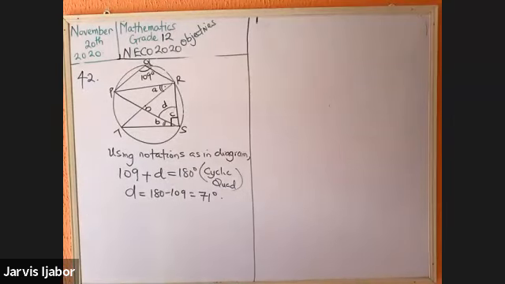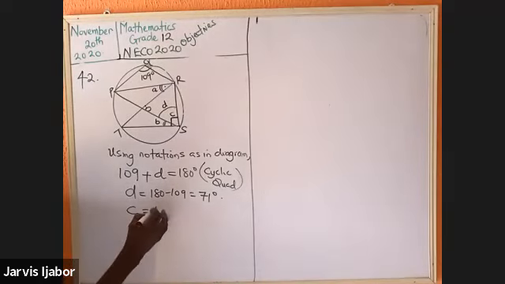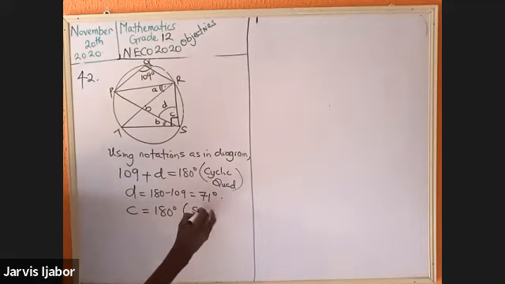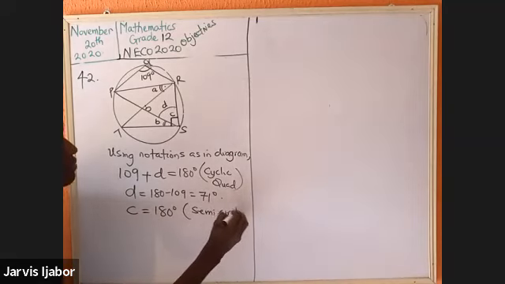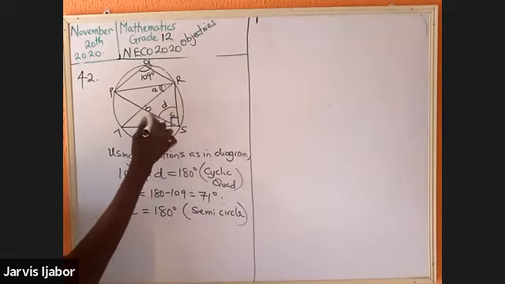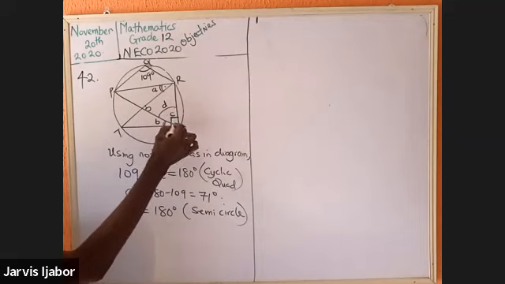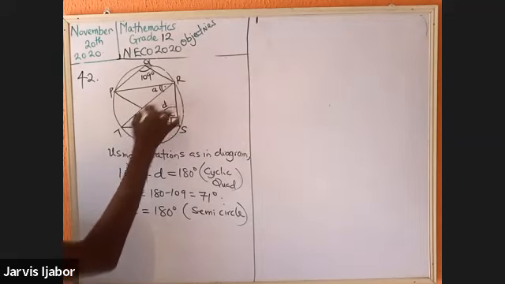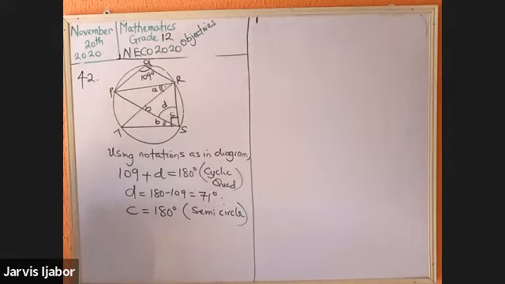You have done that. Now, C is equal to what? Now look at C, it's this angle formed by this diameter here, semicircle. Now, did I say 180? Sorry about that, it's 90 degrees.